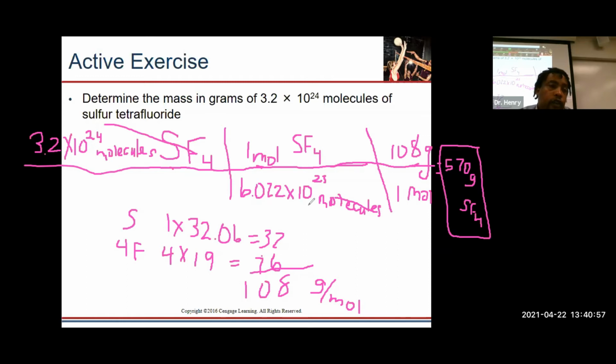You want to make sure your units are canceling out, but you also want to pay attention to your numbers. In this case, that 1 mole is canceling out, so you don't have to worry about it. You have your 3.2 times 10 to the 23rd times 108 divided by 6.022 times 10 to the 23rd.